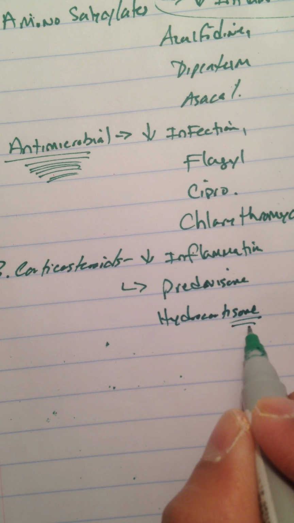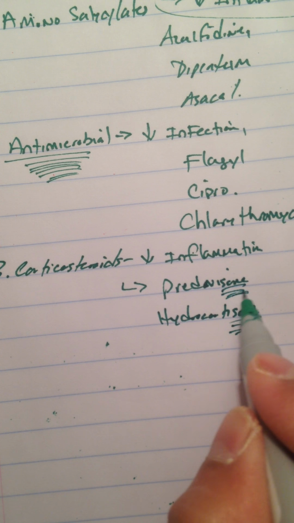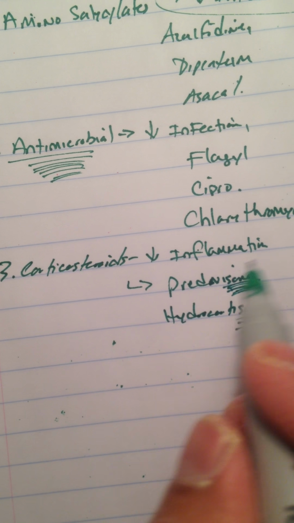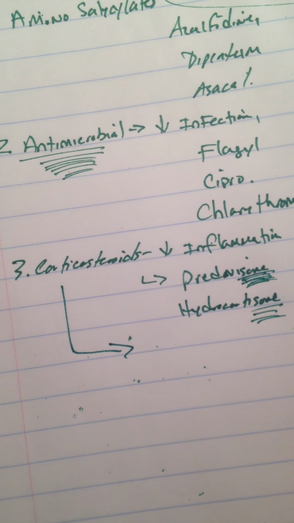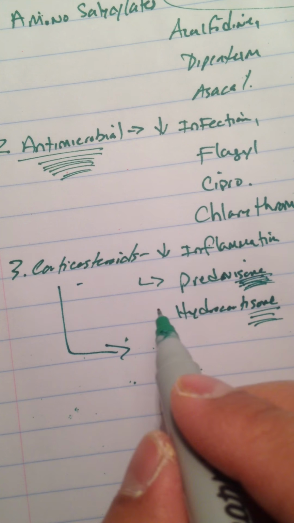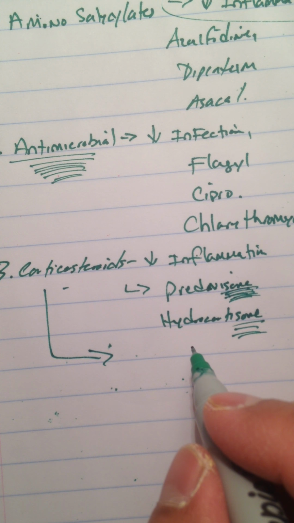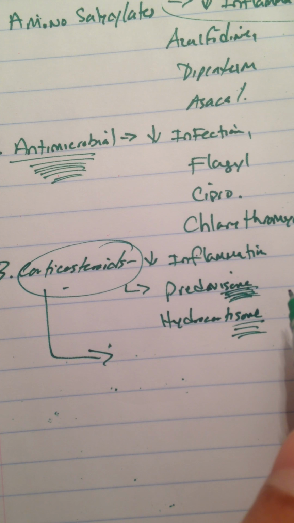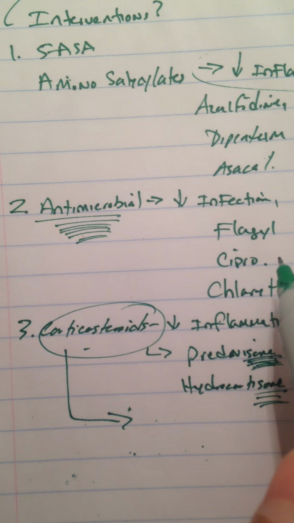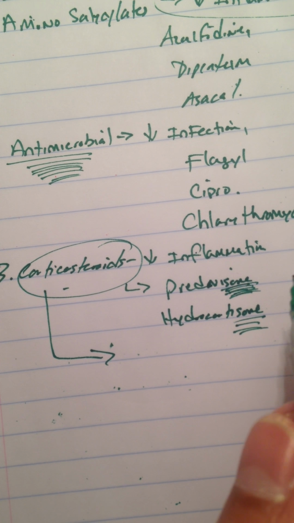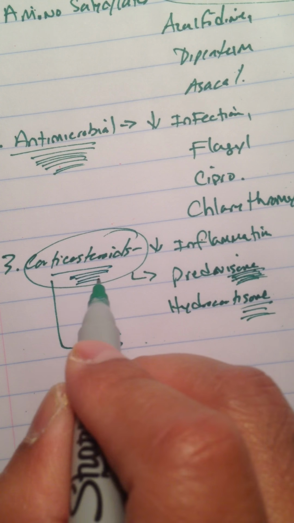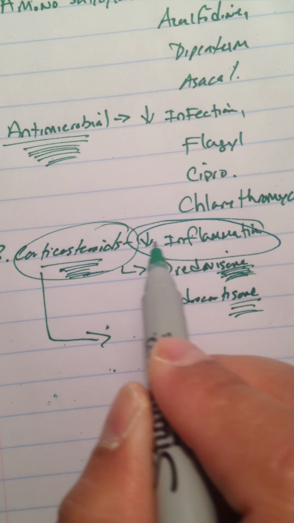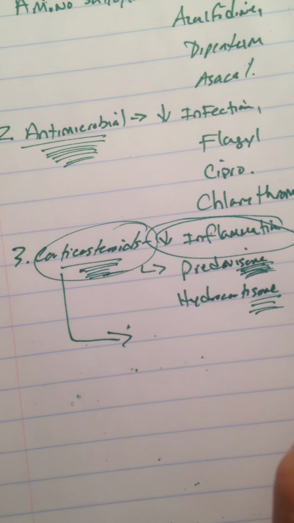Pretty much look at your ONE. Anything with ONE will be a corticosteroid. Now, you're going to also have to tell your patient that this is going to decrease their immune system. They must know that, because you're going to have to give them other education on that. So realize that if you give a corticosteroid, yes, it's going to decrease inflammation, but it's also going to suppress your immune system.